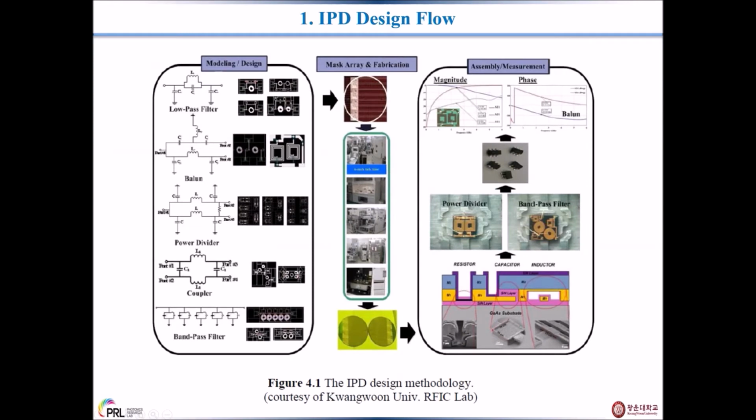In order to meet the performance and cost target, a general design methodology is seen in figure 4.1, the IPD design methodology. Here we can see modeling design. Here are some components which have been used in IPD design, and this is the layout after the simulation of the result, and we have to lay out the structure.